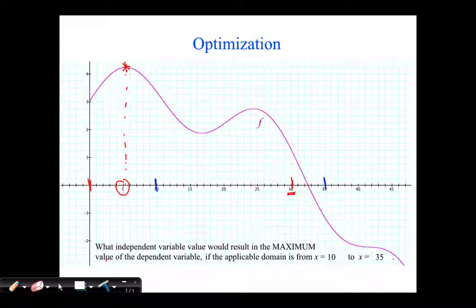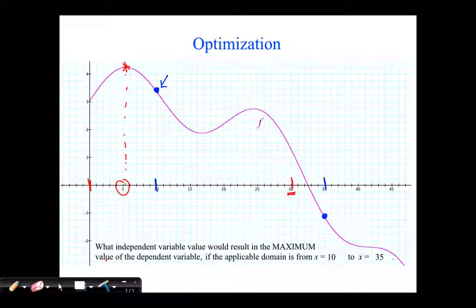So if I'm only considering 10 to 35, then that's from here to there on the curve. It looks like the spot at x equals 10 is actually the highest. And there's nothing fancy about the derivative or the second derivative at that spot on the curve.